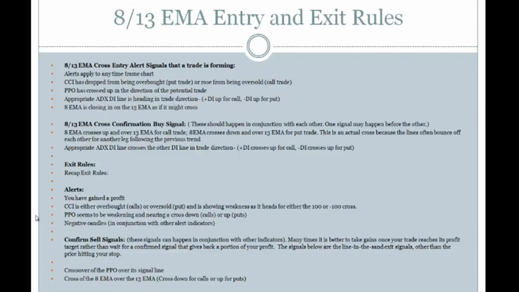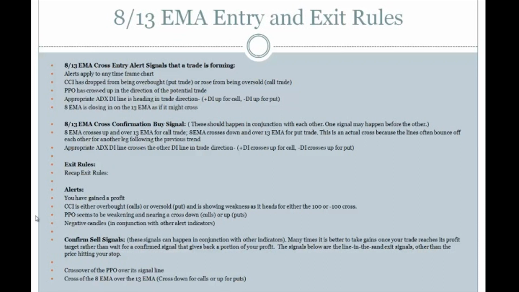The appropriate ADX DI line is going to be heading in the direction of the trade, meaning that the plus DI will be heading up for a call or down for a put, and the 8 EMA will be closing in on the 13 and look as if it is going to cross before too long.